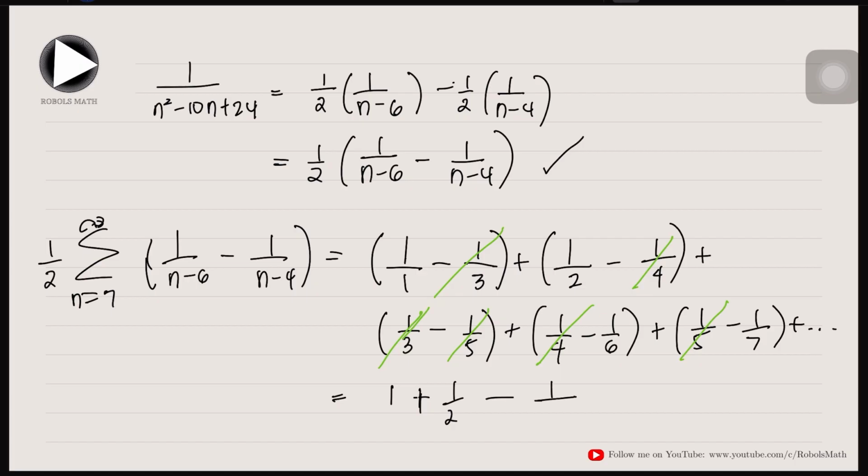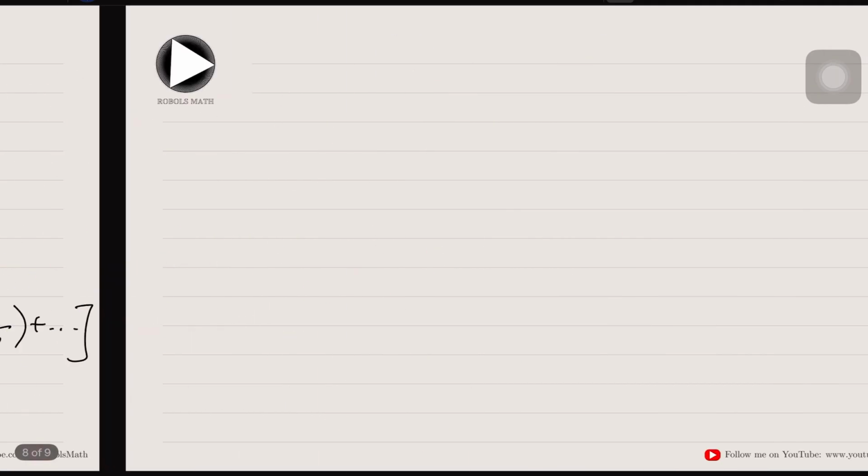Let's call that 1 over k minus 4. Actually, we're forgetting the 1/2 outside, so let's put that back. So in the language of calculus, we say that the partial sum here is 1/2 times 1 plus 1/2 minus 1 over k minus 4.